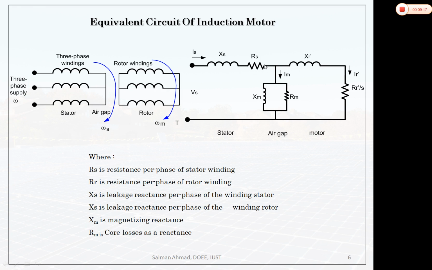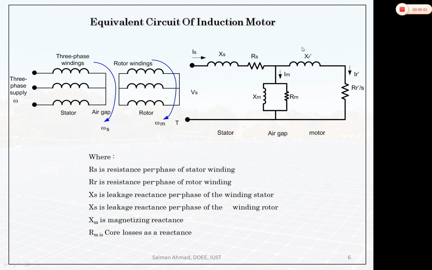This is the resistance of the stator winding conductor. Now this is the magnetizing branch, so the air gap is there, and Xm is the magnetizing reactance. Rm is like the core loss. Then Xr prime, actually the rotor side circuit we have referred to the stator side.